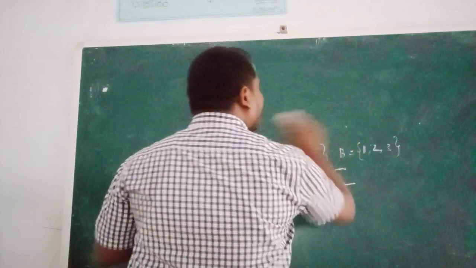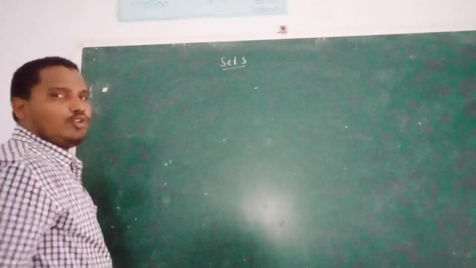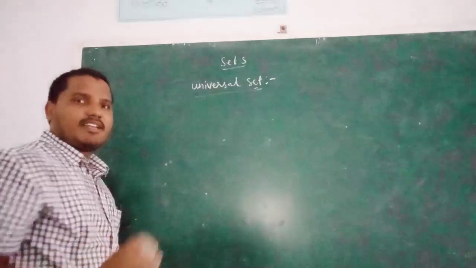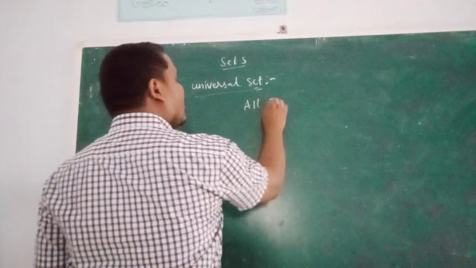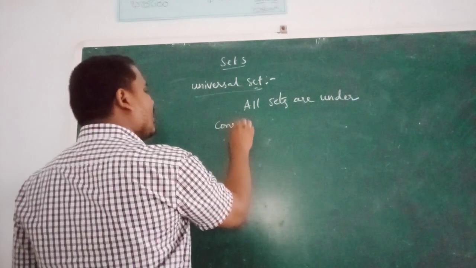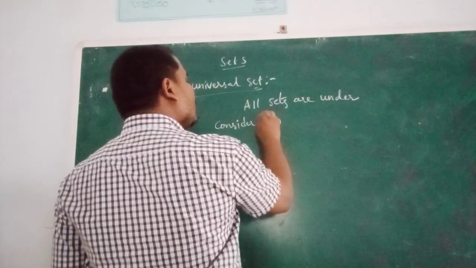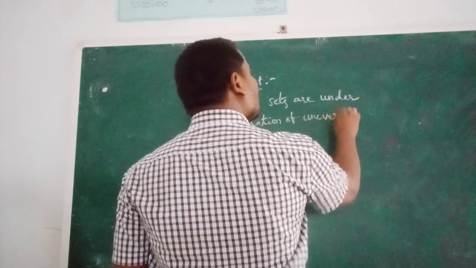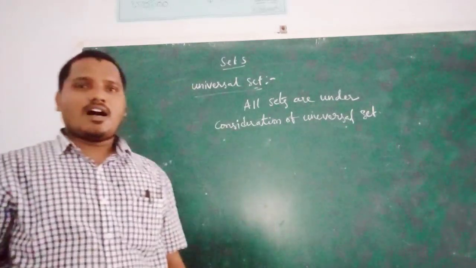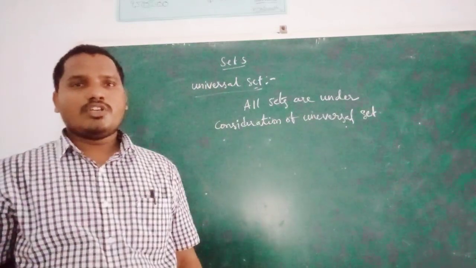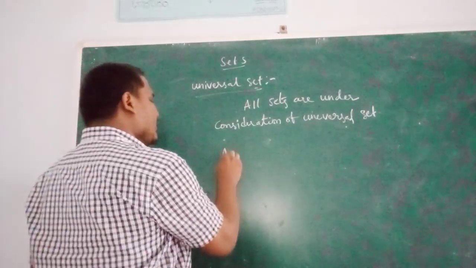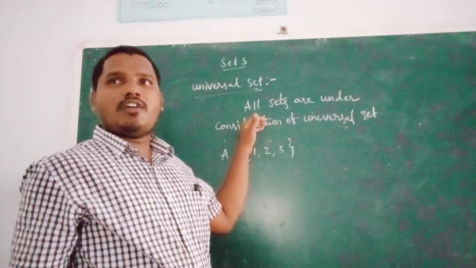Then, what is a universal set? Universal set means all sets are under the consideration of the universal set.